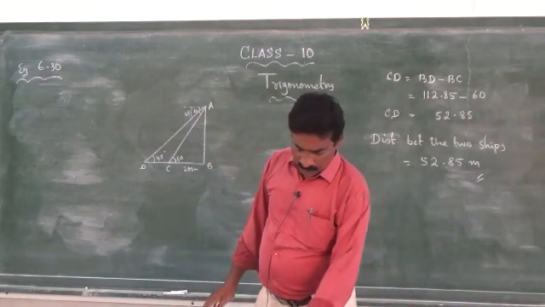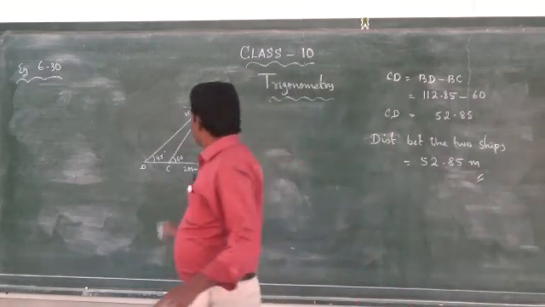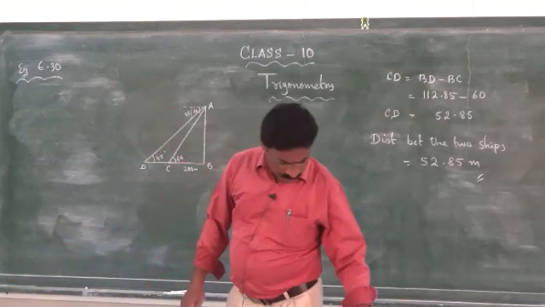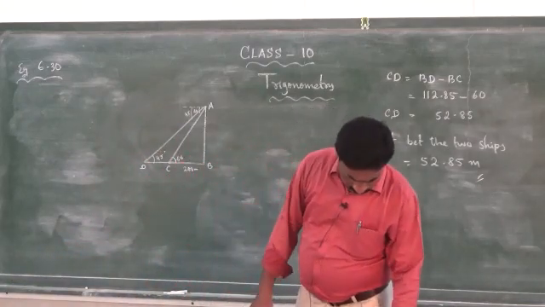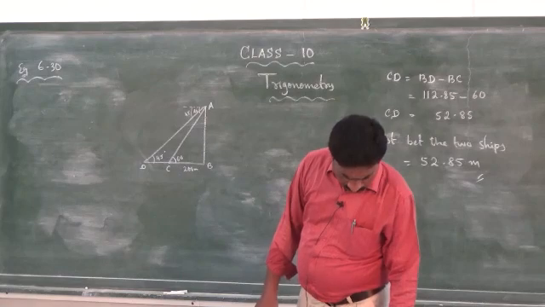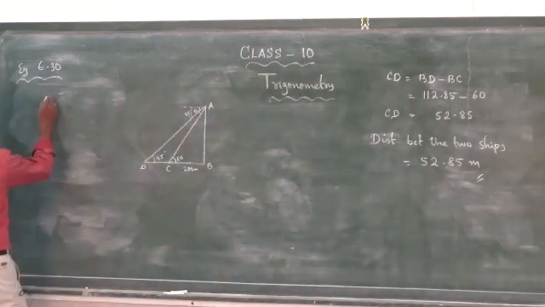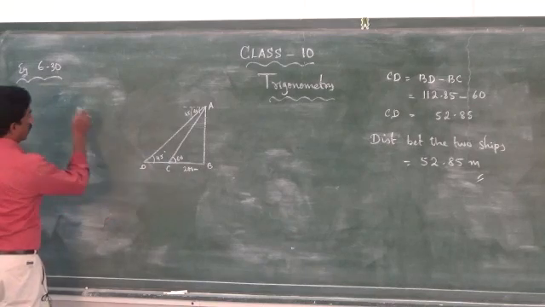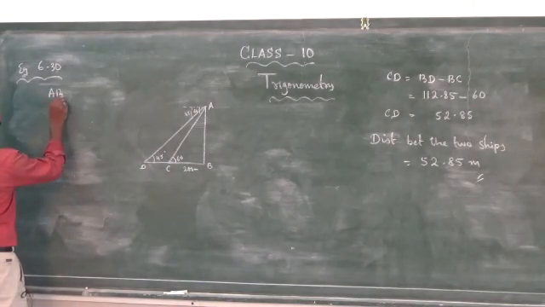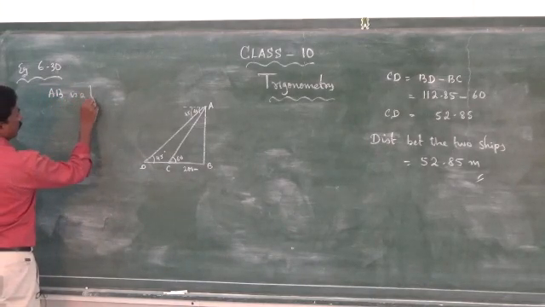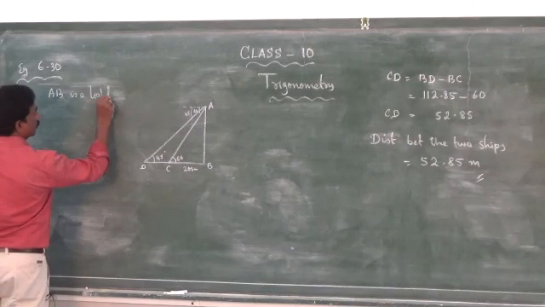So what is given? AB is a tower, a lighthouse, whatever it is.